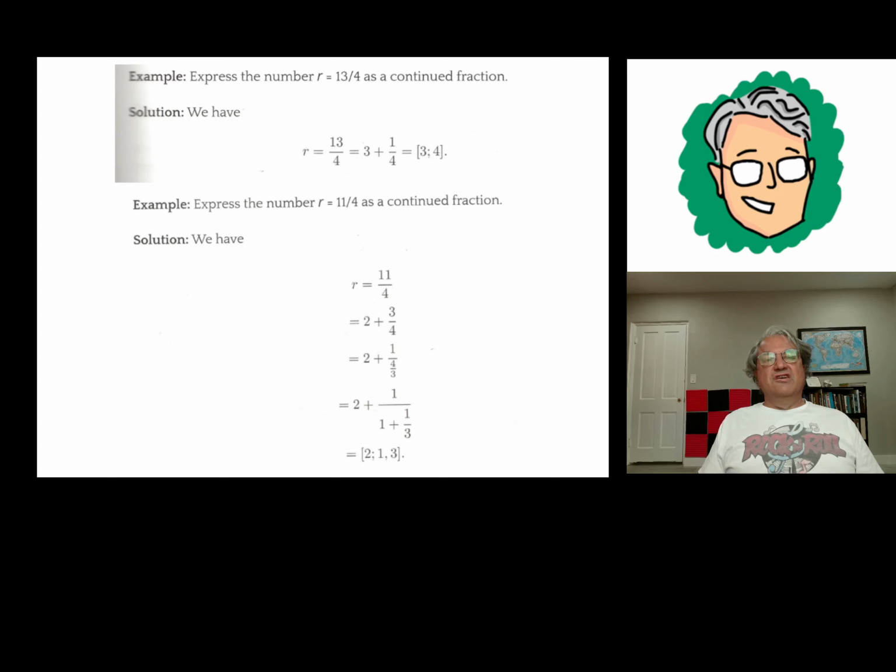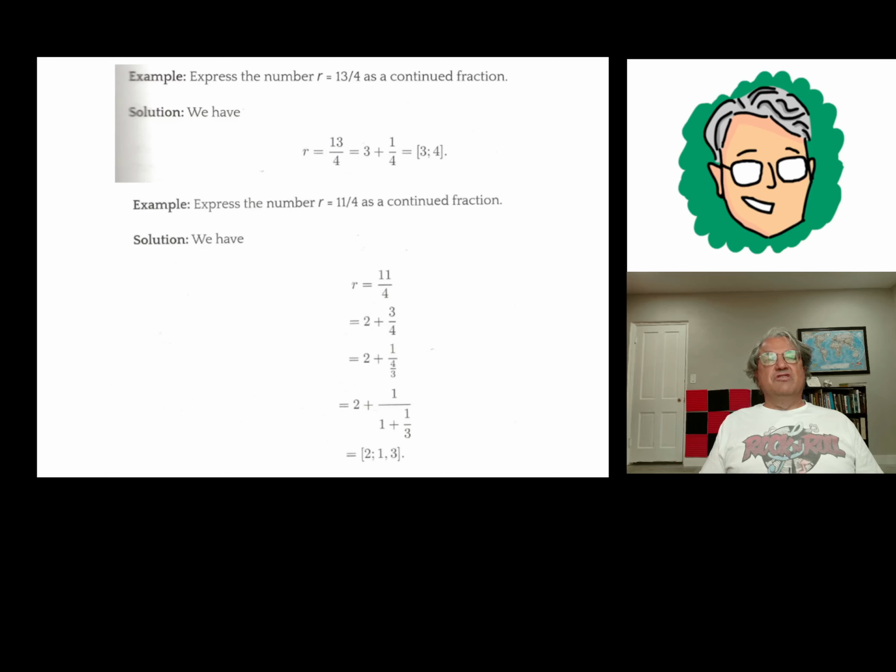But now we're not done because the numerator is 3 rather than 1. So we have to keep going. Now we do something that looks a little bit weird. Remember, we want a 1 for the numerator of all these fractions. So we can write 3/4 as 1 over 4/3. If you like, we're just taking the reciprocal of 3/4 and putting it in the denominator. So we have 2 plus 1 over 4/3.